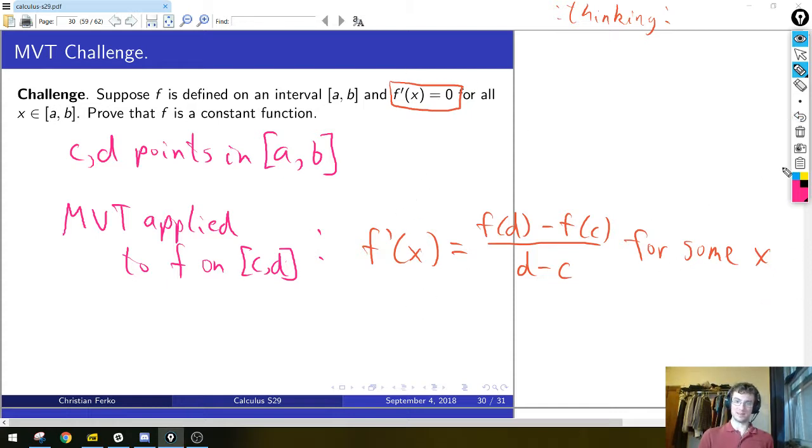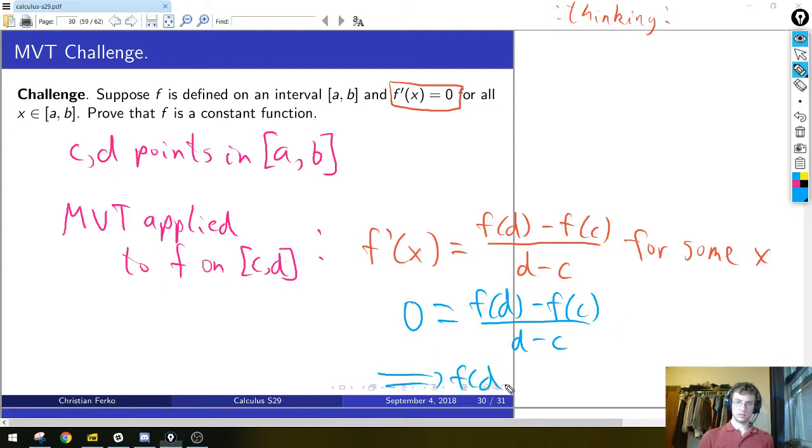So 0 equals f of d minus f of c over d minus c, and now what can we conclude? By multiplying each side by d minus c, we see that f of d minus f of c equals 0. Good, or f of d equals f of c.